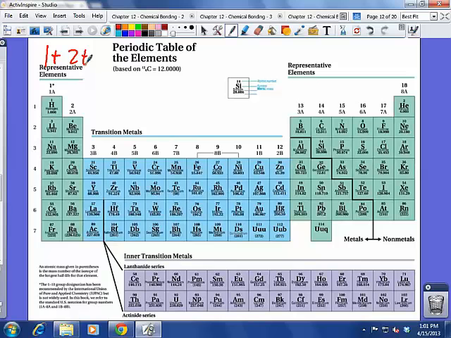What about group 3? +3. What if I skip ahead to group 7? -1, because everything in group 7 just needs to gain 1. What about group 6? -2. Group 5? What about group 4?